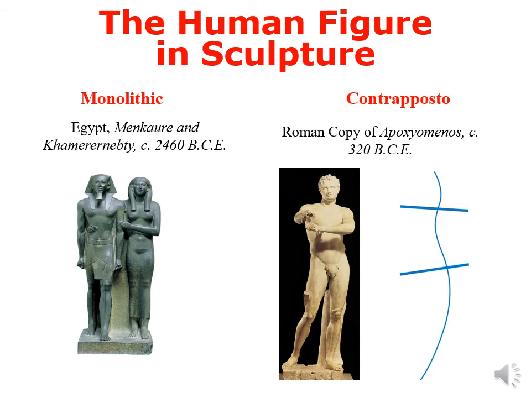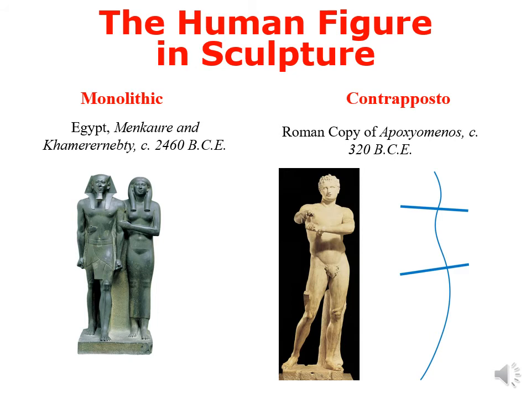And on the right, the contrapposto, basically the Greeks figured out how to create the natural way that we stand. The Greeks were also working with proportions, the human anatomy, to get a more realistic type image, the canons of proportion mentioned before.